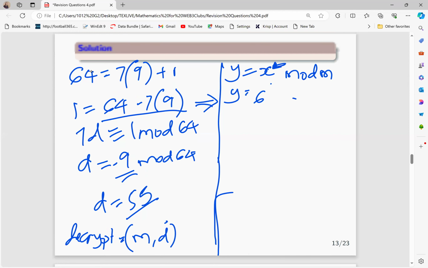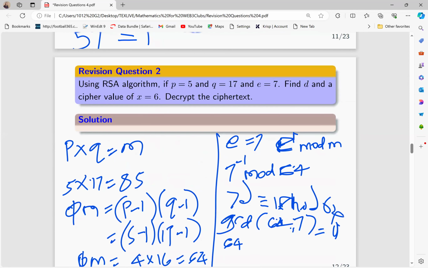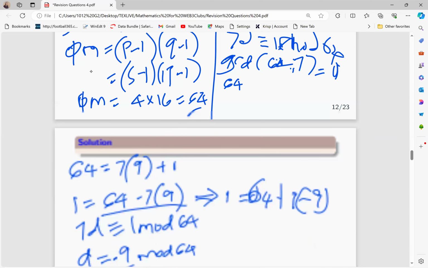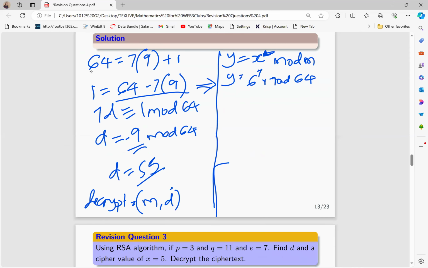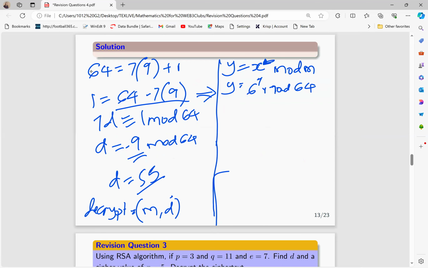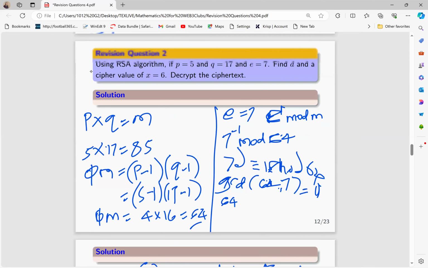E was 7. What was M? M is here. Oh, M is 85.